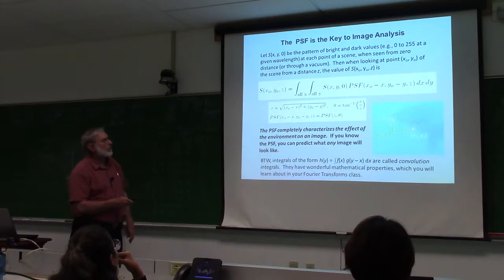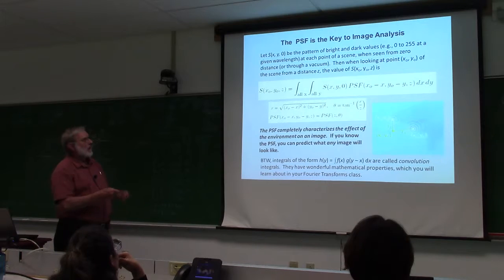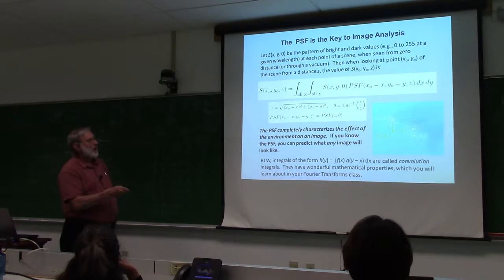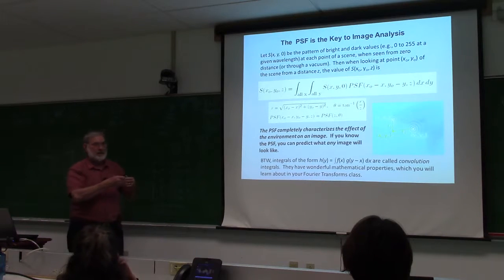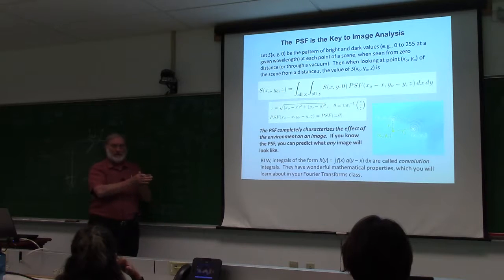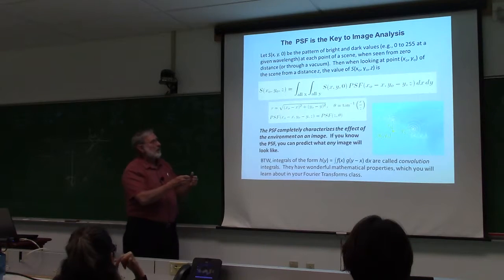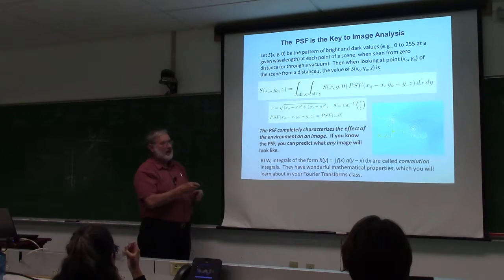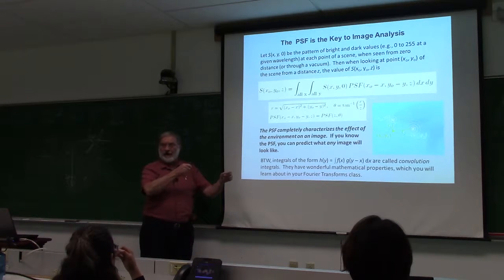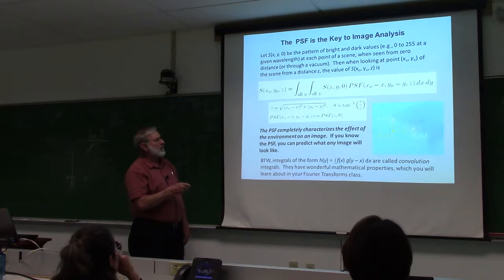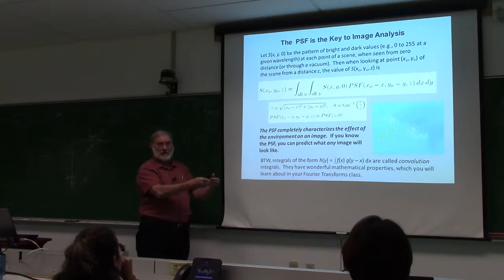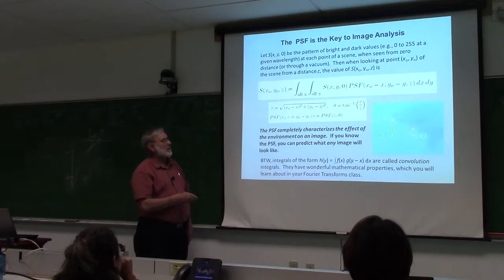Okay, so here's the way that works. I've got some image that has at distance 0 some pattern of light and dark, and maybe at one wavelength, let's say each pixel is going to have a red value that's between 0 and 255, or it's a grayscale, it's between 0 and 255. So that's what my image looks like up close, or if you wish, I'm looking at it in a vacuum.